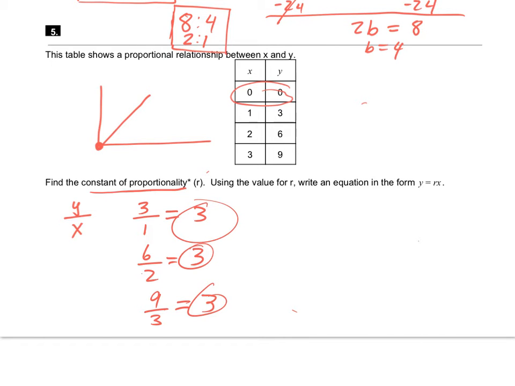And the question is telling you to write an equation in the form y equals rx, where we already know that our r is going to be our constant of proportionality, which is 3. So we are going to write it as y equals 3x. If you don't follow it like this, it's incorrect. You need to make sure that you write it as y equals 3x.